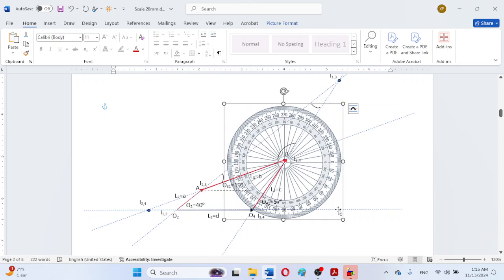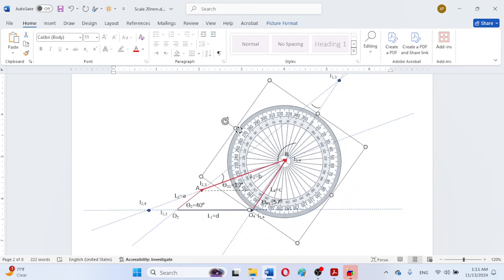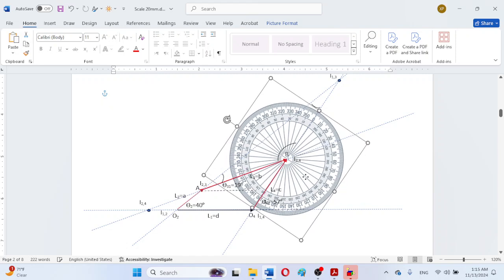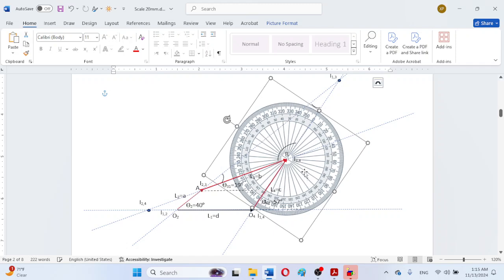At this moment we can make the zero line, for example here in this way, with the origin of this protractor exactly matching point B, or this permanent center I1,3, and again using this rotation, the zero line must be overlapping this line.